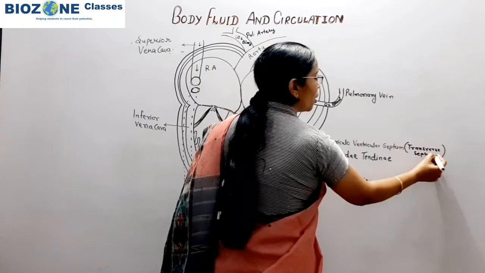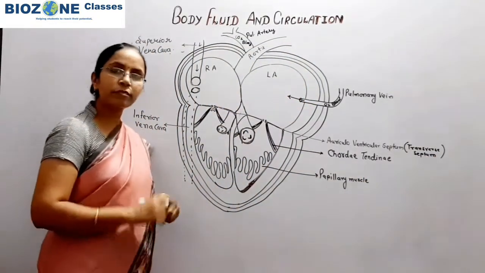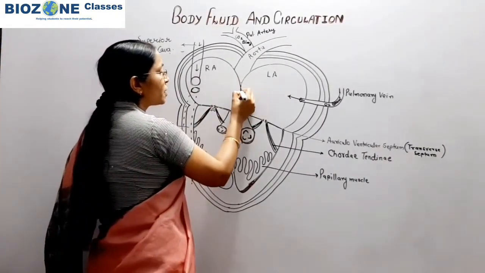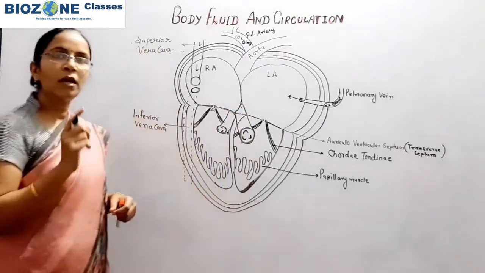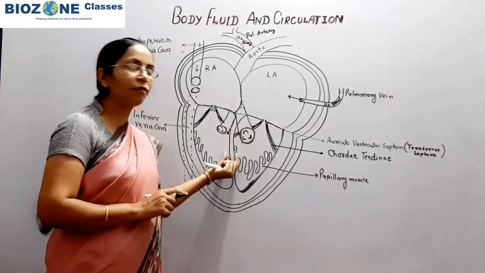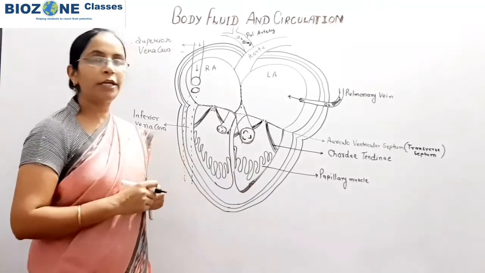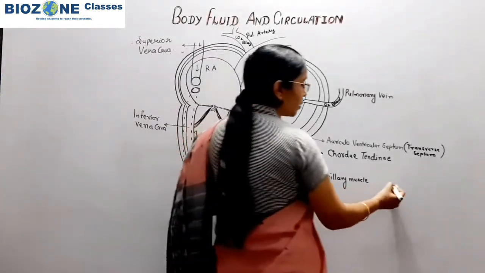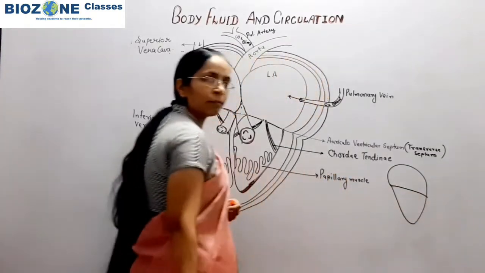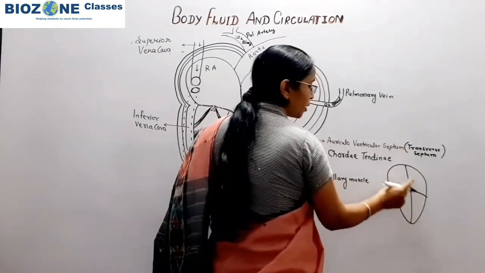Because of that, both the auricle and ventricles are divided into left and right parts. In the auricle region, this septum is called the interauricular septum, and between the ventricles a longitudinal septum is present, called the interventricular septum. For the septum also, you simply remember this diagram. This is the transverse septum, called the auriculoventricular septum, and this is the longitudinal septum.